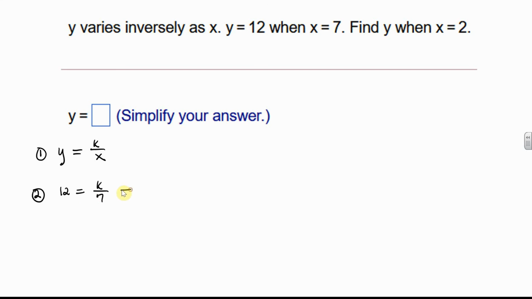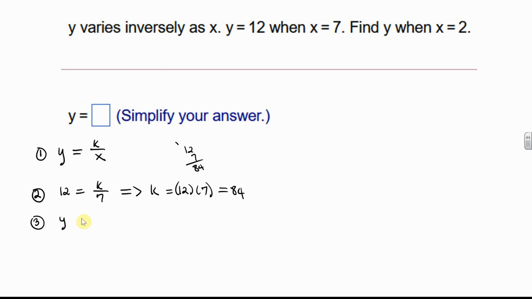So from here, I get the value for k, 12 times 7. What is that? Okay. Step 3, replace k with what we just found in step number 2.